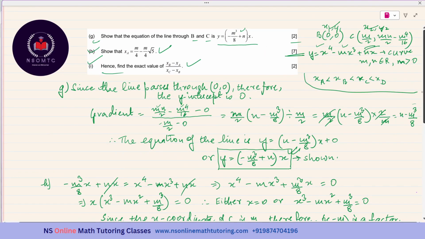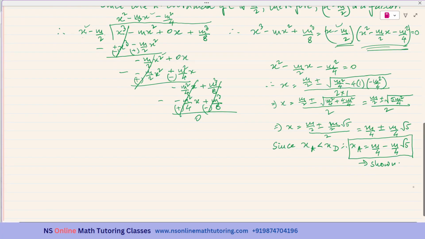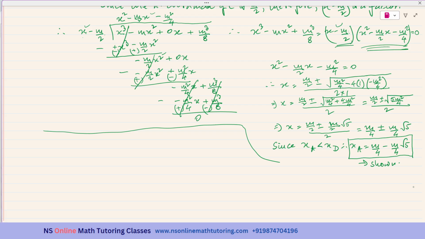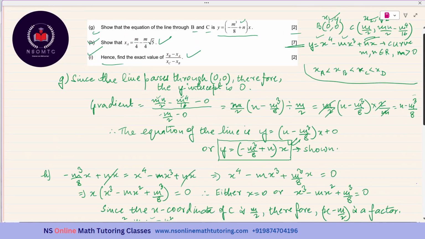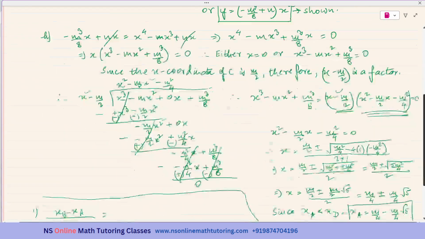It is xb minus xa over xc minus xb, equal to, okay, let me see once more. Xb minus xa and xc minus xb.